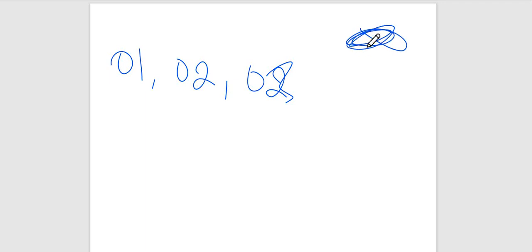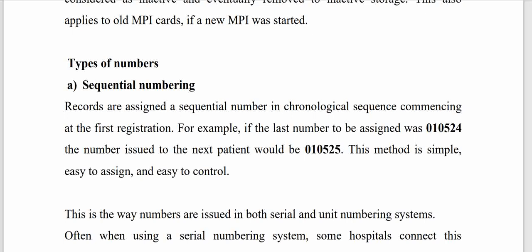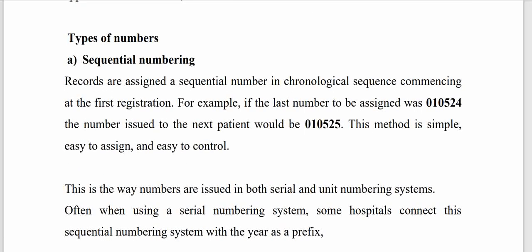Okay, so we say here that records are assigned a sequential number in a chronological sequence. Chronological, meaning order by order, following one another, commencing at the first registration.